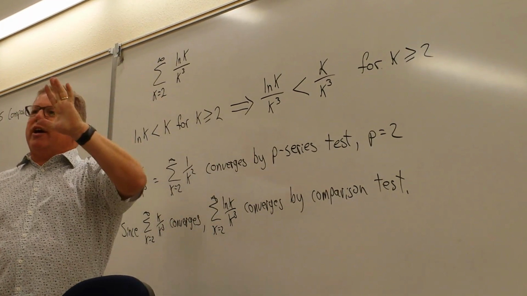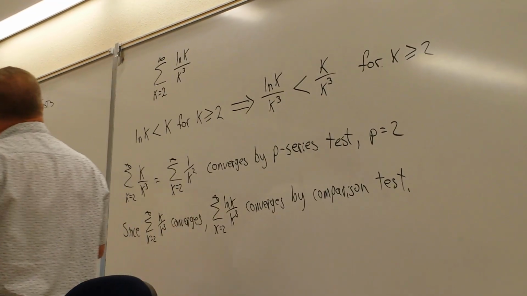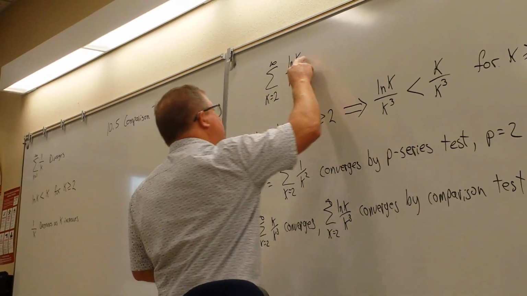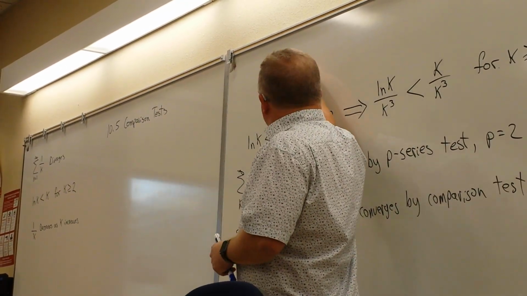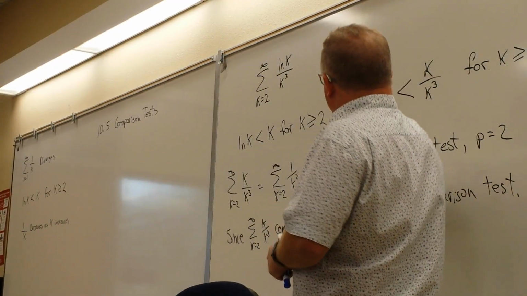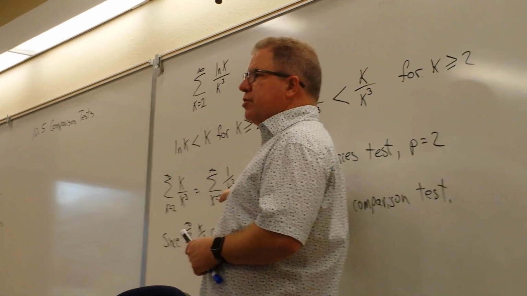Because I know, so this is where that hunch thing comes. Because we know ln k is less than k, our hunch should be that this is going to converge. Because k over this gives us the 1 over k squared that we know converges.